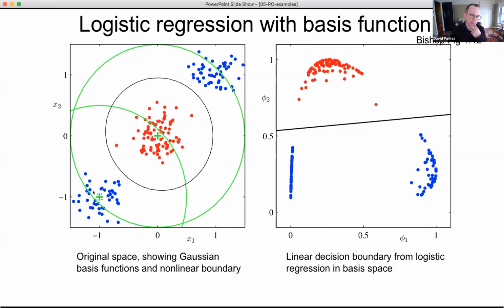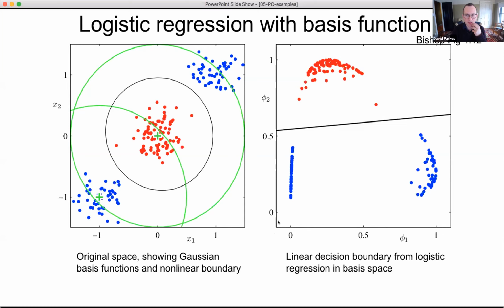So in the dimension of the first basis, where we have a Gaussian whose mean is here, these blue points have very high probability mass. So they map to these blue points here. These blue points have very low probability mass because they're a long way away from the mean of the Gaussian. So they map here. The red points are in the middle.